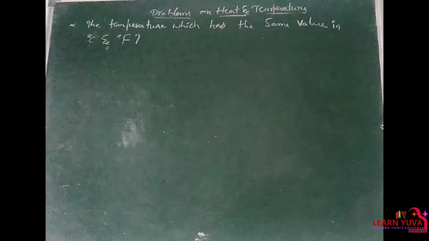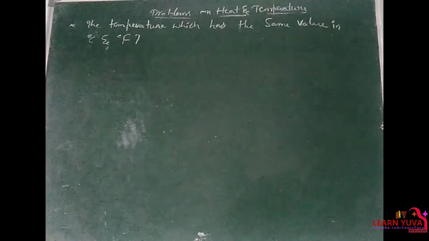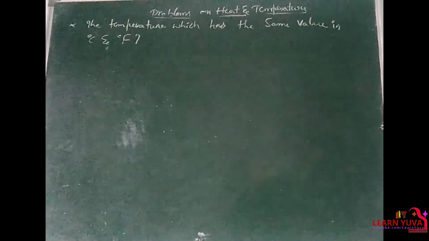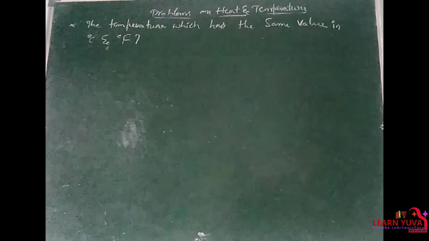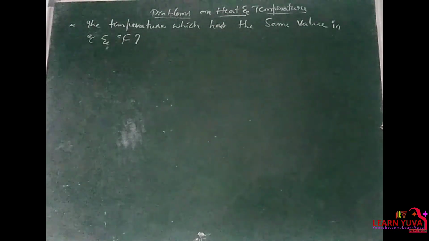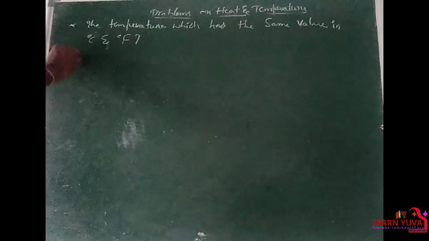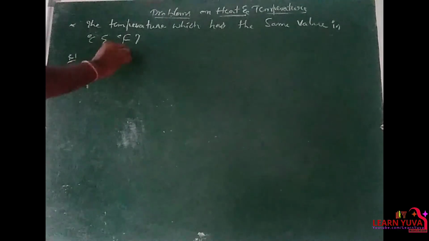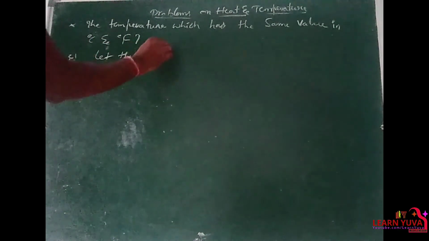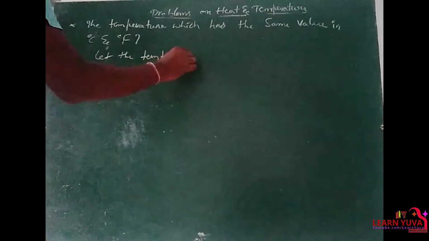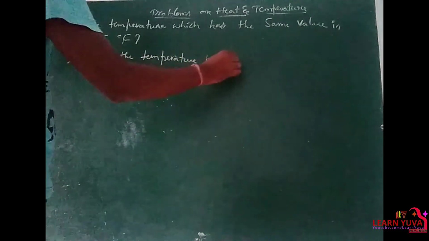Next, the temperature which has the same value in degrees Celsius and Fahrenheit. So in both scales, the temperature should be the same. What is the temperature? We have to find that out. Let the temperature be x.